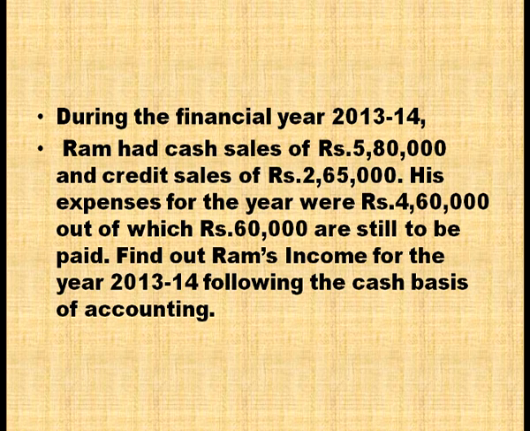His expenses of the year were rupees 4,60,000, out of which 60,000 are still to be paid. So whatever is paid and whatever is received only will be considered in cash basis of accounting. And find out Ram's income for the year 2013-14 following the cash basis of accounting.